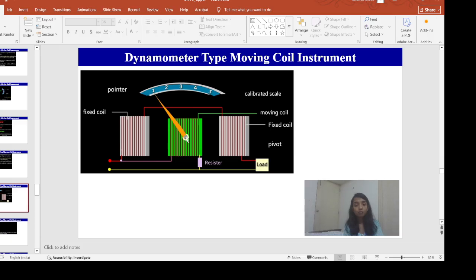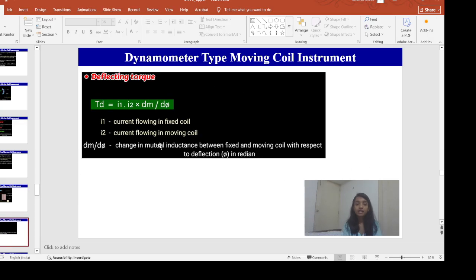When the moving coil starts moving, the pointer attached to it will also be deflected from its initial position to the full scale value due to the deflecting torque. Here the air friction damping will provide the required damping torque to have the steady state deflection of the pointer on the scale. And we can use the spring control technique to provide the controlling torque.